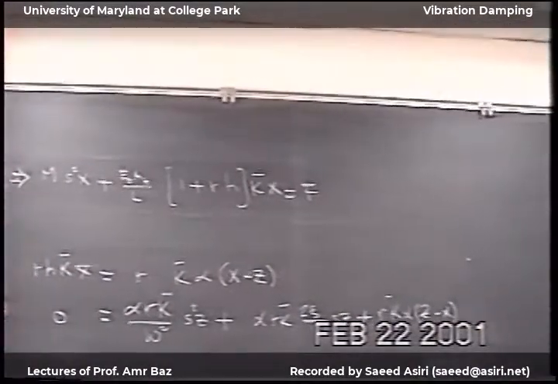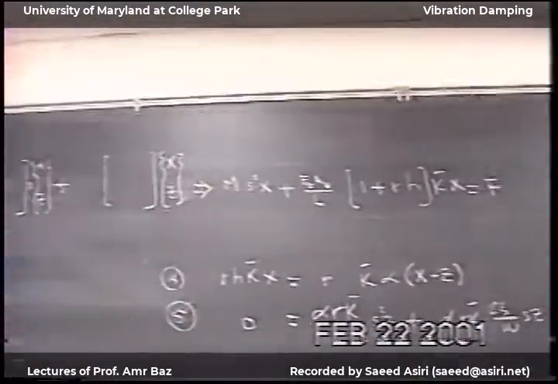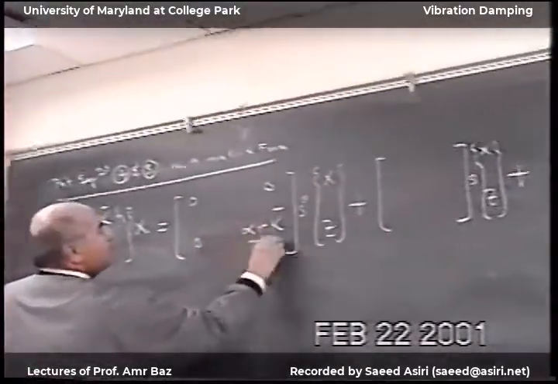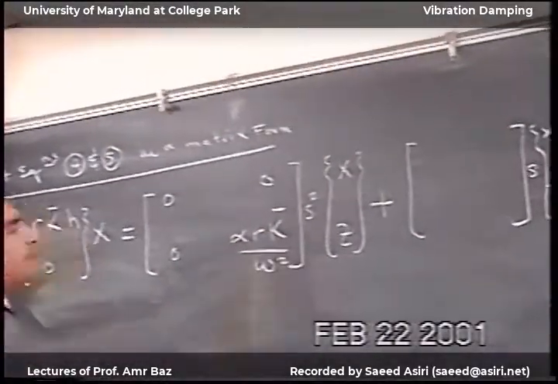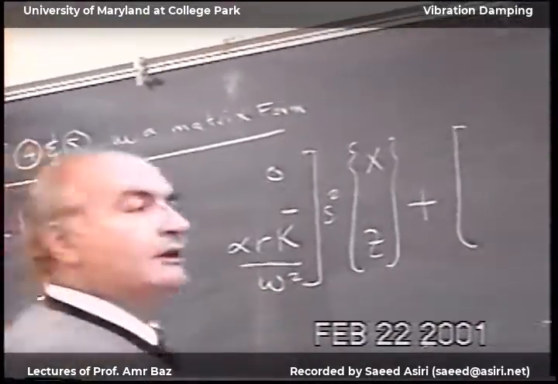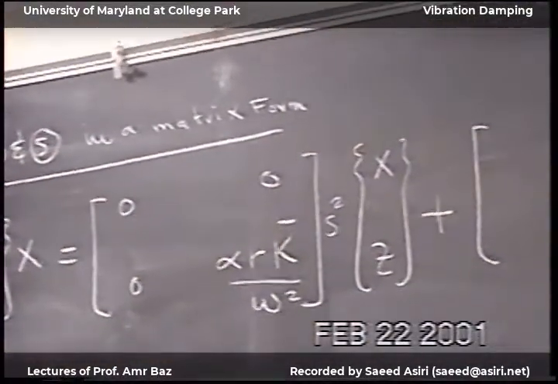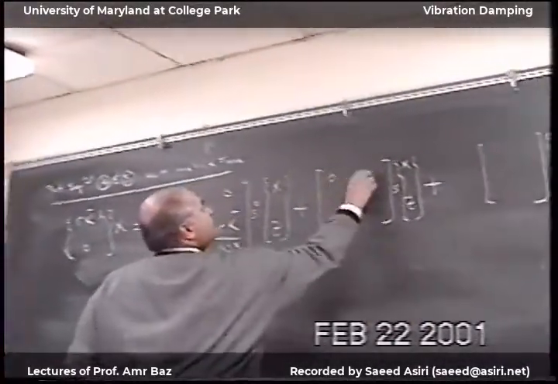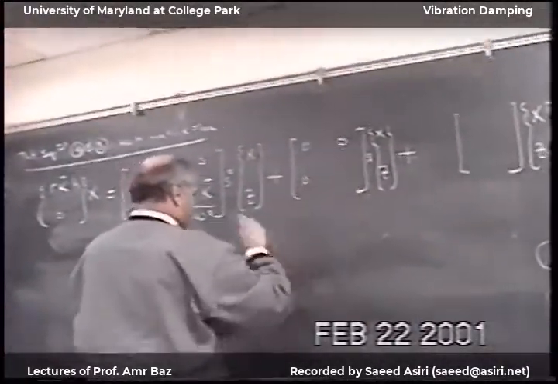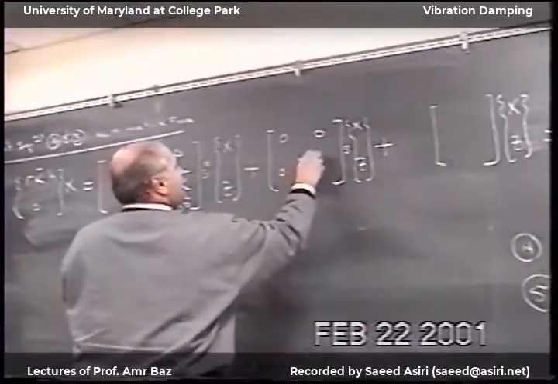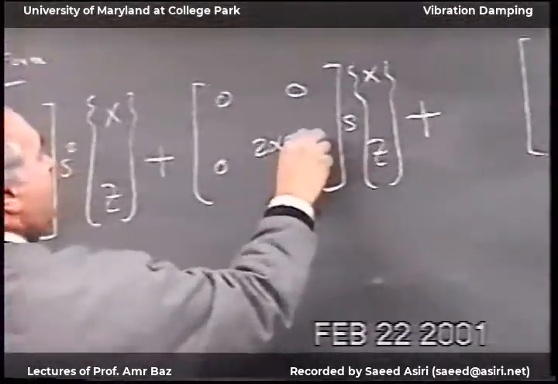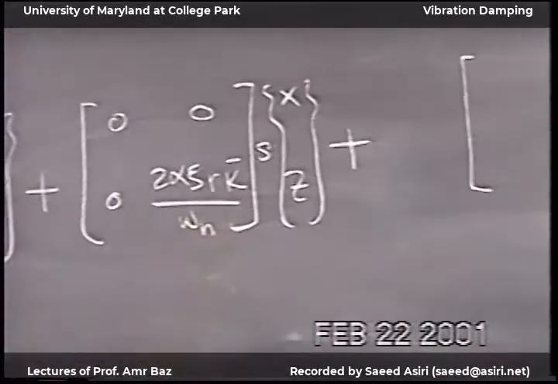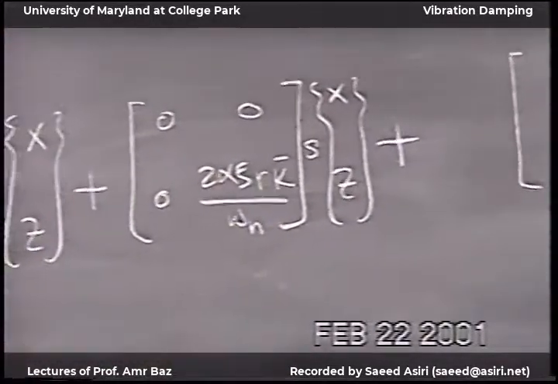There's nothing for the X, so this is 0, 0, 0, and this is alpha R K prime over omega squared. The only term that depends on the S is associated with Z, so this is 0, 0, 0, and this will be twice alpha zeta R K prime over omega n. Okay?